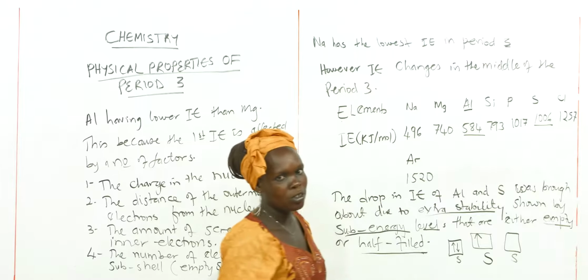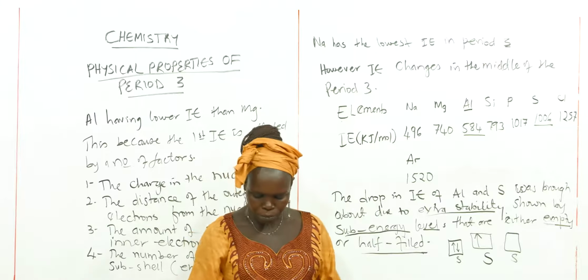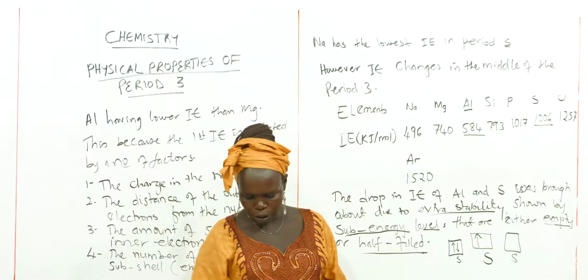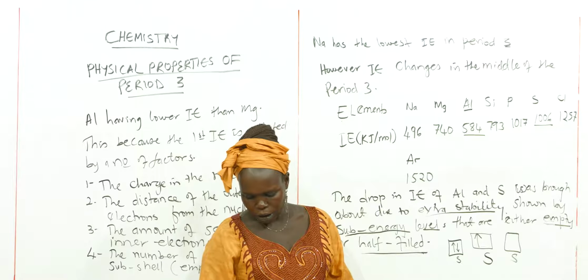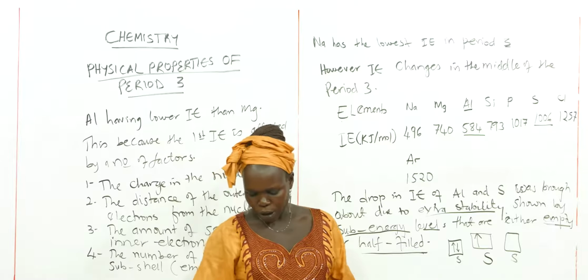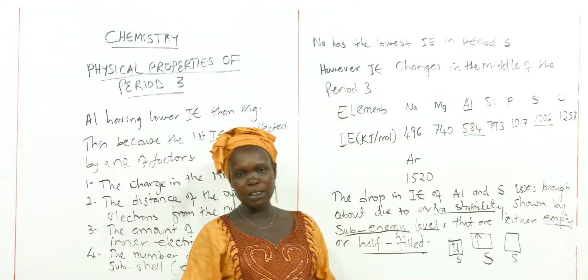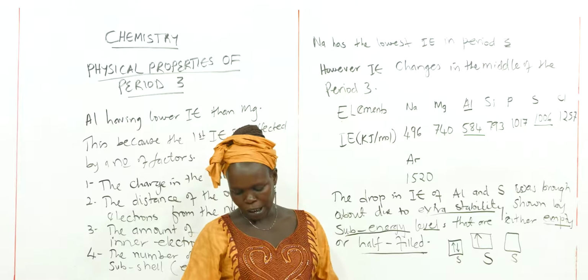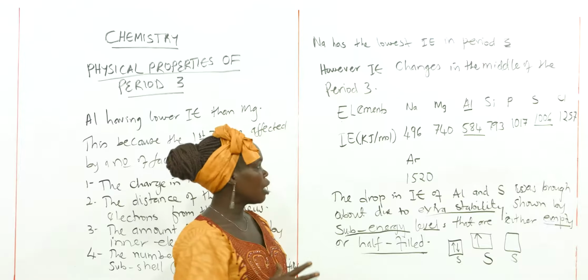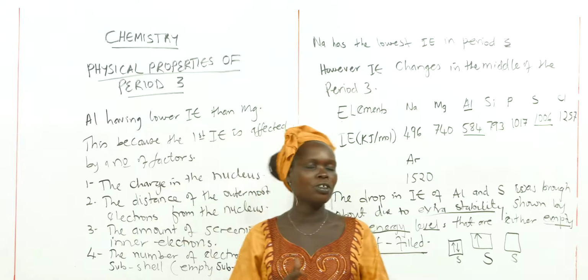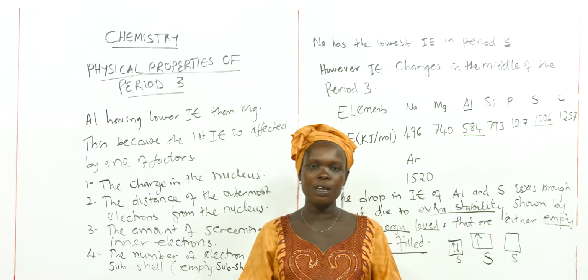in their ionization energy. So we need also to know that the fall in aluminium and sulfur is unexpected, since aluminium, with extra protons compared to magnesium, should have a higher ionization energy. We know that according to the rule, the ionization energy increases from left to right.